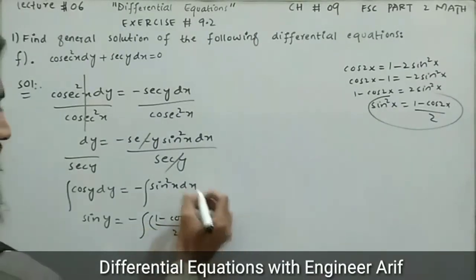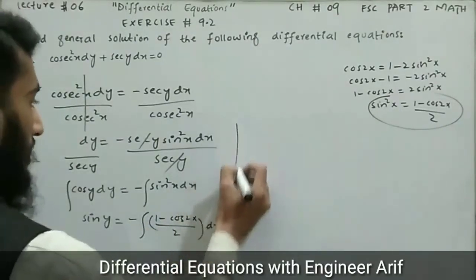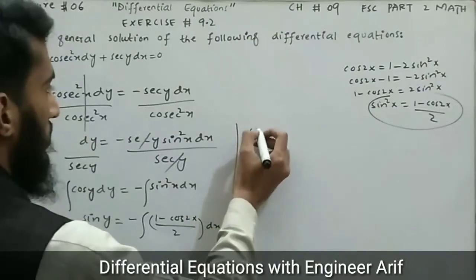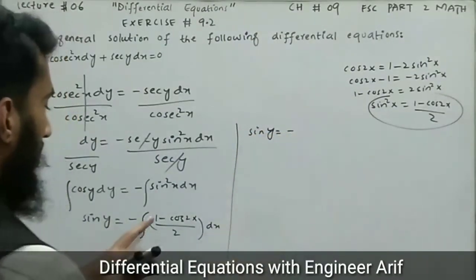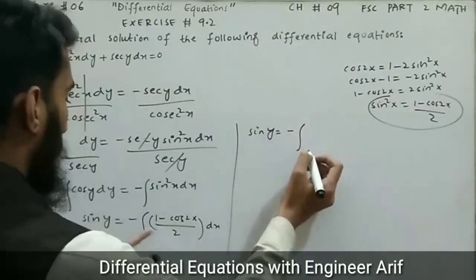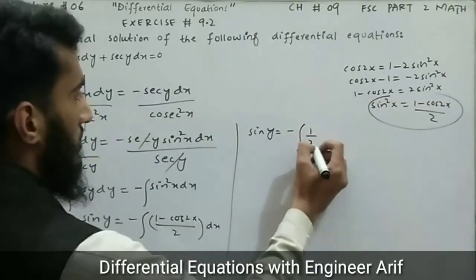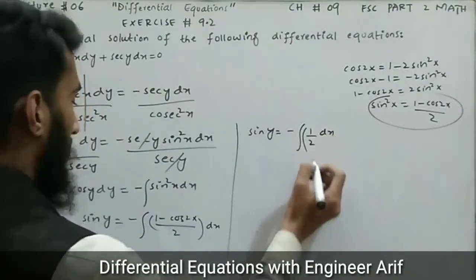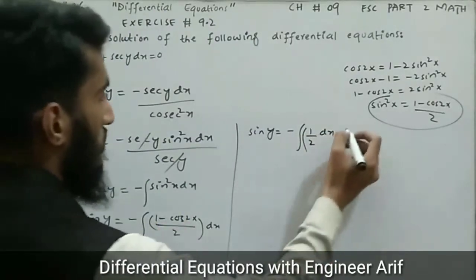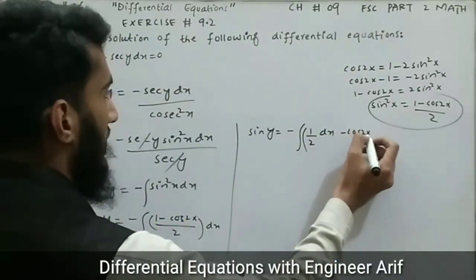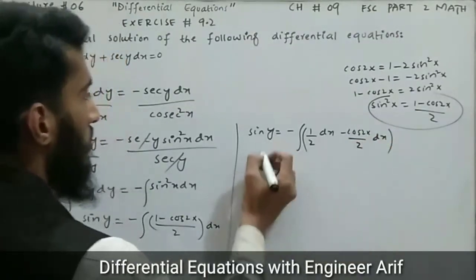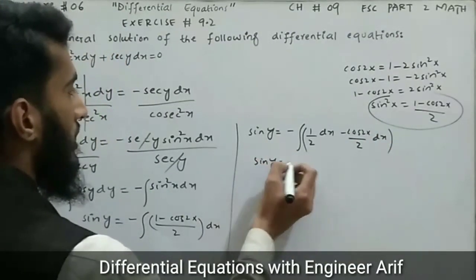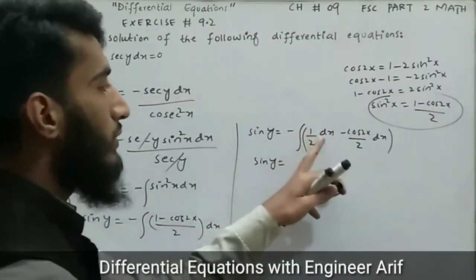into dx. So further sine y will be equal to minus, it can be written in a split form, 1 over 2 into dx and minus cos of 2x over 2 into dx. So sine y will be, 1 over 2 is a constant, so inside we are left with 1 dx.